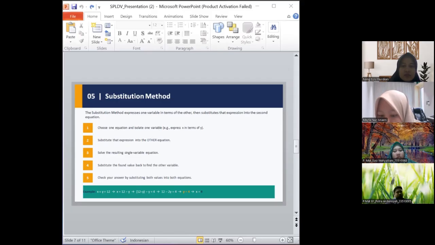Sylvie, does this method make sense to you? Yes, Miss. I think I actually prefer substitution because I find it easier to follow the steps. But in your opinion, which method is faster? Great question, Sylvie. It depends on the problem. If the coefficients can be made equal easily, elimination is often faster. If one variable can be isolated easily, substitution is quicker.